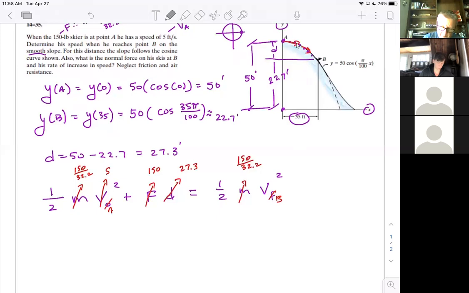On the left side, I'm going to write part of this out. I got 4,153.23. On the right side, I got 2.33 times velocity of B squared. Better though, just to leave those numbers in your calculator.